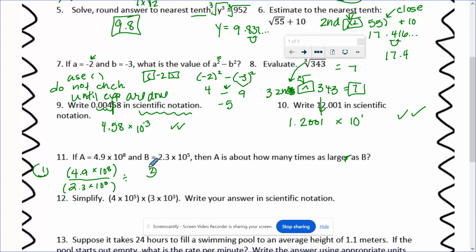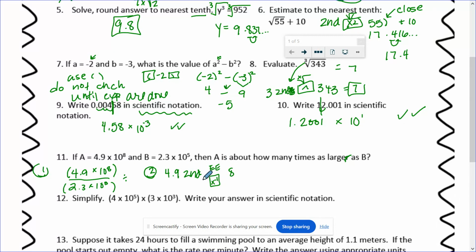Another way of actually working out this problem is using your EE button. So let's say you wanted to do that. You would press 4.9, your second function. The EE button is above the X to the -1 key. And this means enter exponent. So you would just do 4.9, second function EE, enter the exponent, which is an 8.